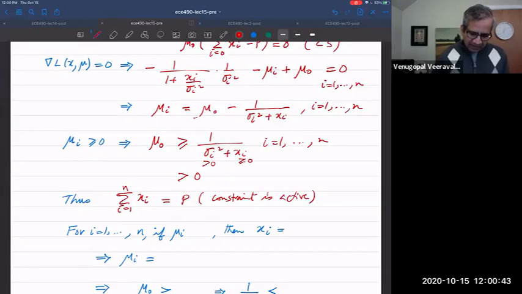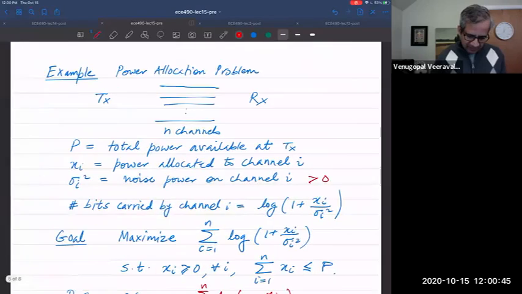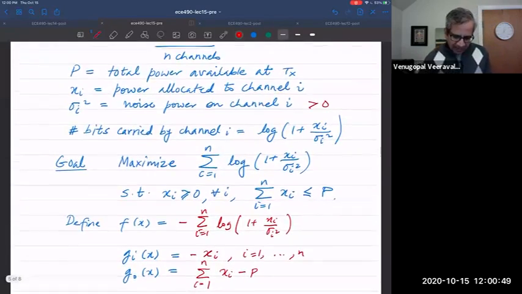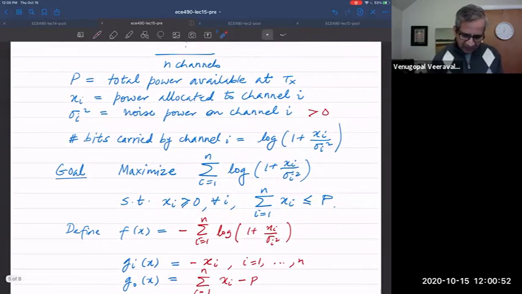Okay, let's see why that makes sense. If you think about it, I'm trying to maximize this function under a constraint on the powers. But if you look at this log function, it's monotonically increasing in the xi's.